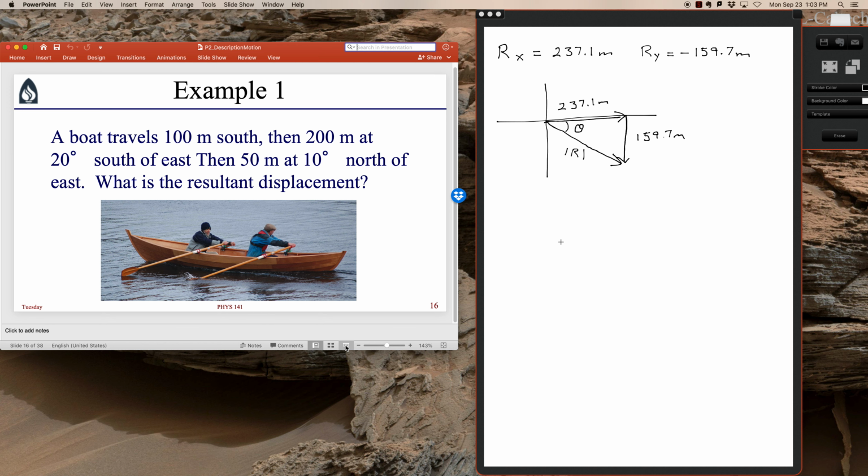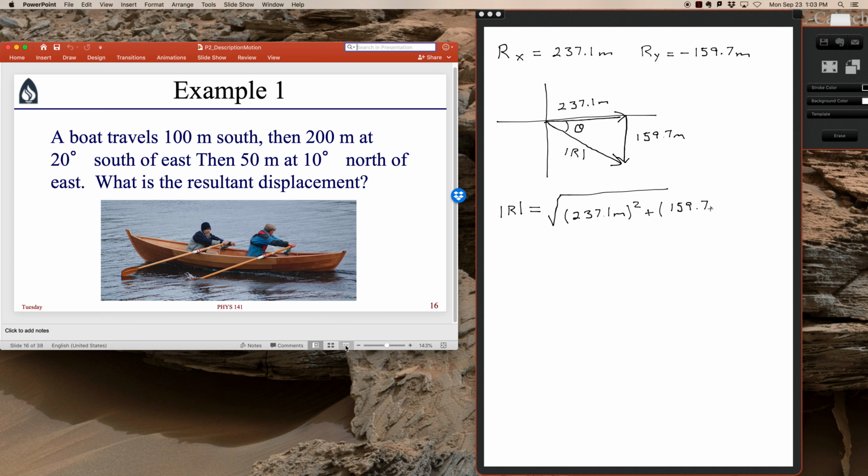So first, let's find the length of my resultant vector. To find the length, I can use the Pythagorean Theorem, and the resultant will be equal to the square root of the x component, 237.1 meters squared, plus the length of the y component, 159.7 meters squared.